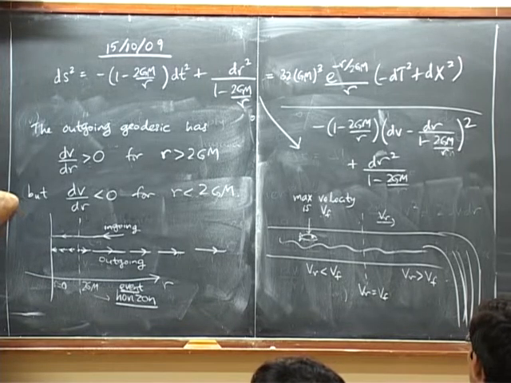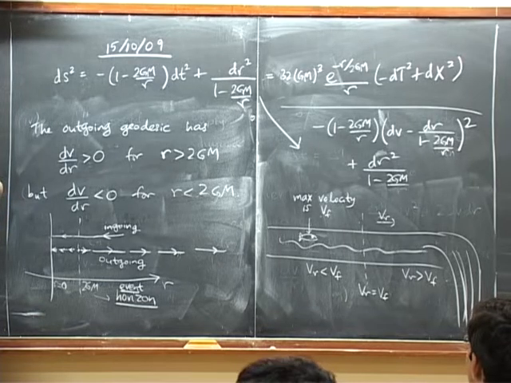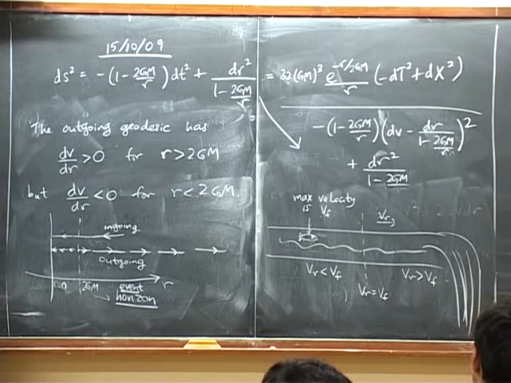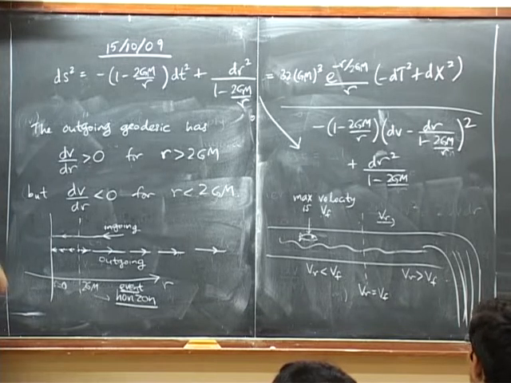So the main point here is that you can't talk about light in that context. It's wrong to talk about light, but if you talk about a massive body, then you can always accelerate the body.